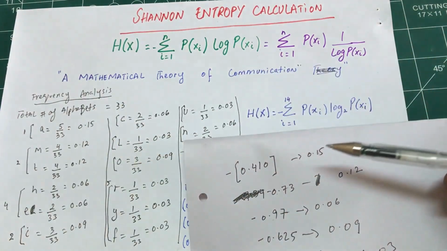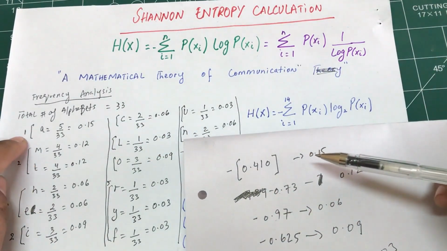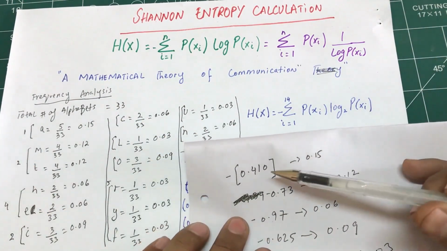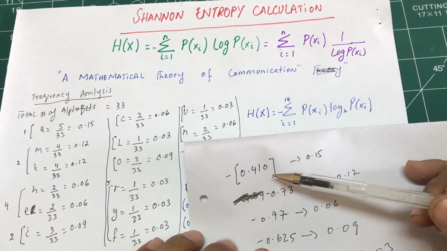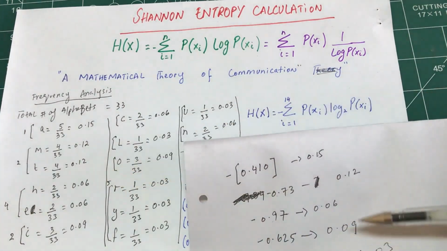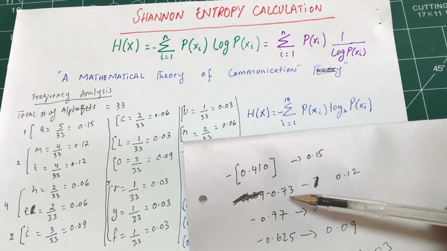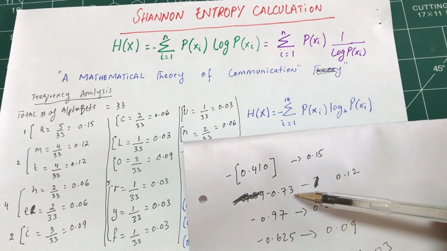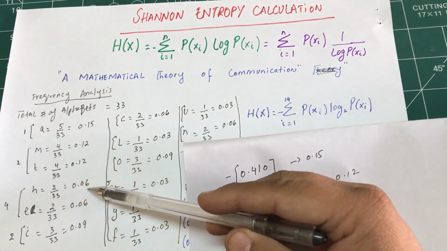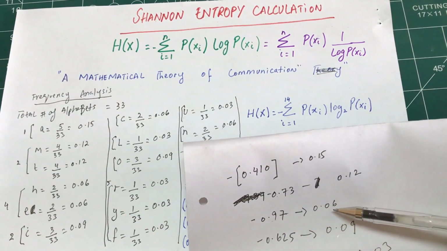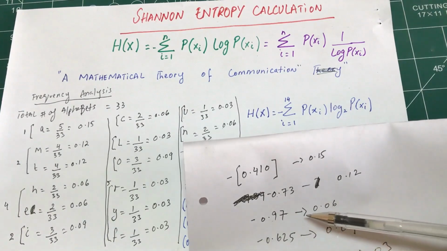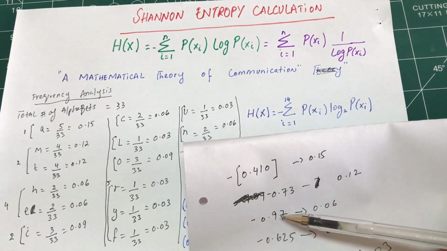For the first one, there's only one time 0.15 has occurred, so the answer was negative 4.10. For 0.12, it has occurred twice, so when I multiply the answer I got by 2, I get negative 0.73. For 0.06, it has occurred 4 times, so I calculated once and multiplied the answer by 4, and I got negative 0.97.